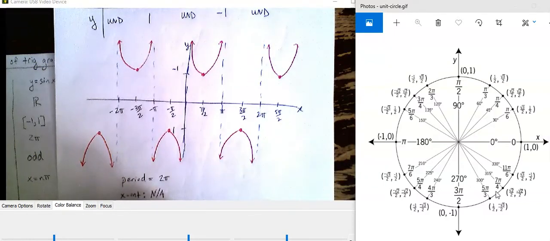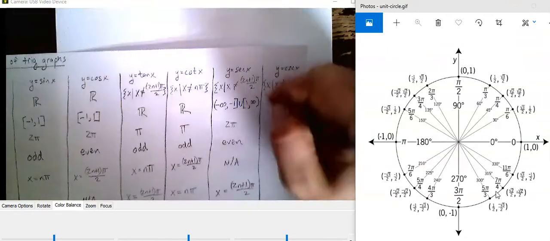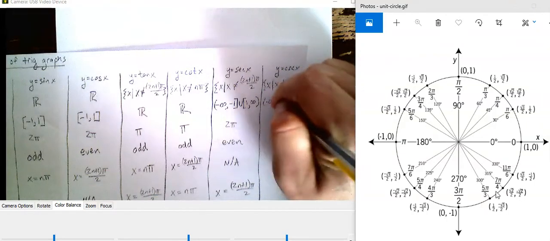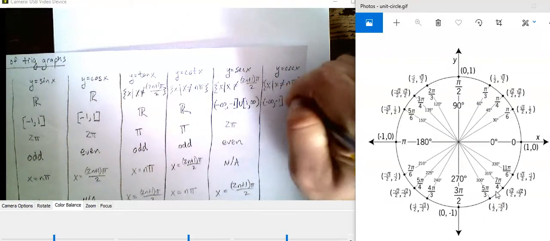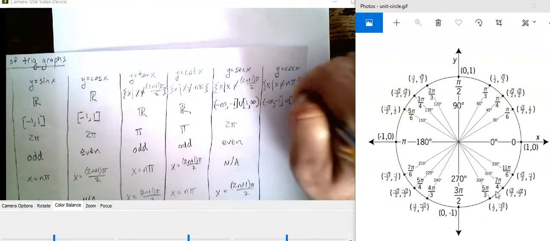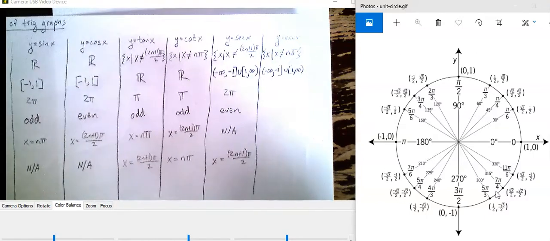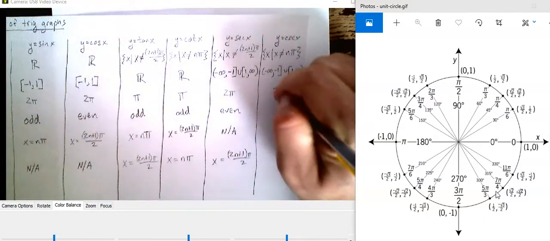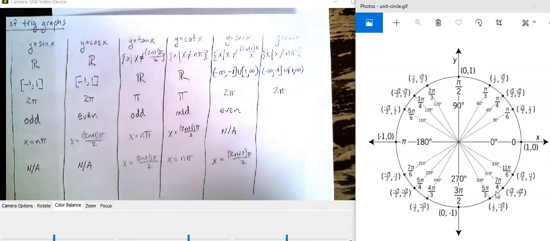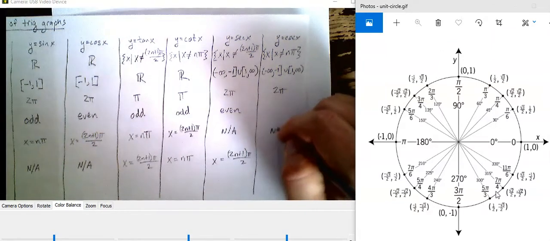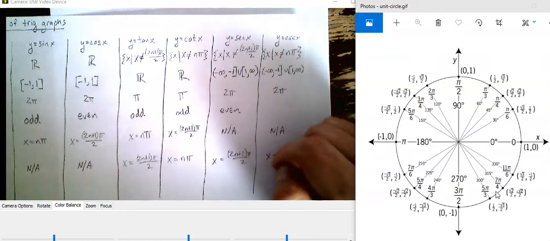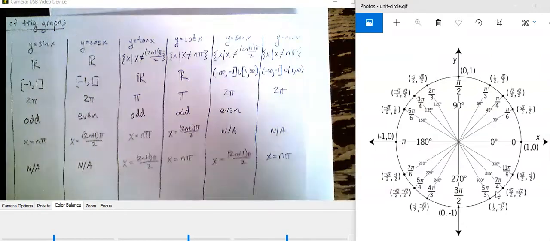The range is the same as secant, so negative infinity to negative 1 and 1 to infinity. The period was 2 pi. We know that 0 is not applicable, and x is n pi for asymptotes.